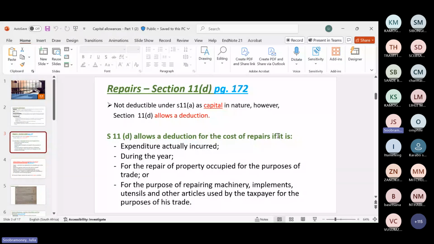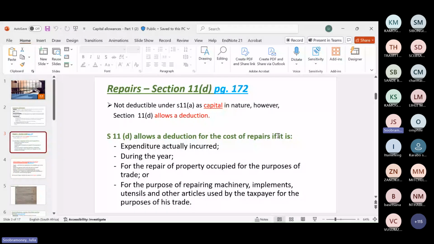However, Section 11(d) allows it. So there's a special deduction. Just like you did with special deductions, I would say 98% of them are seen as capital, but then there's a special provision that is given, and that special provision allows the deduction.